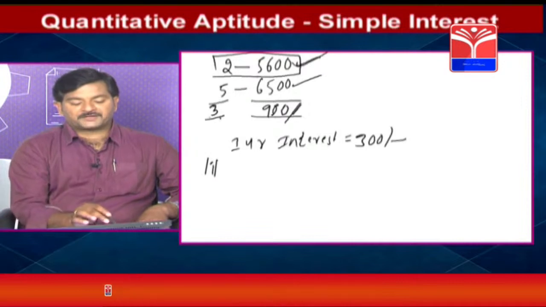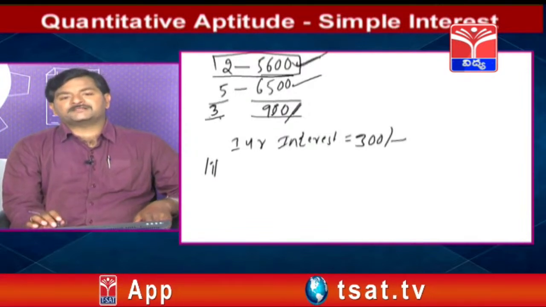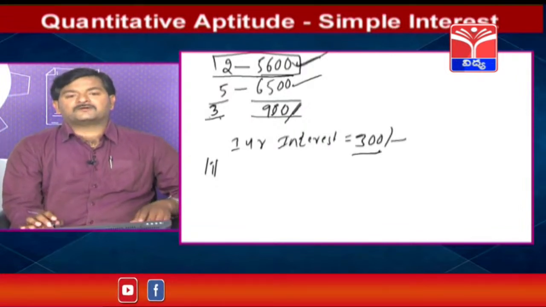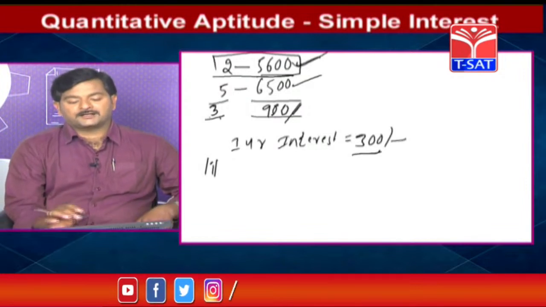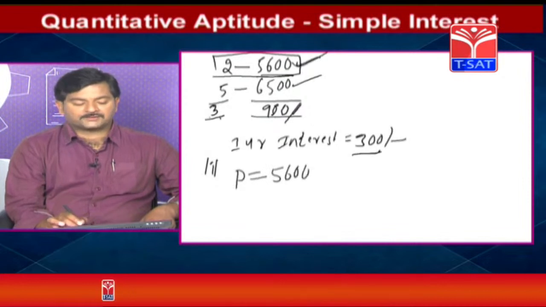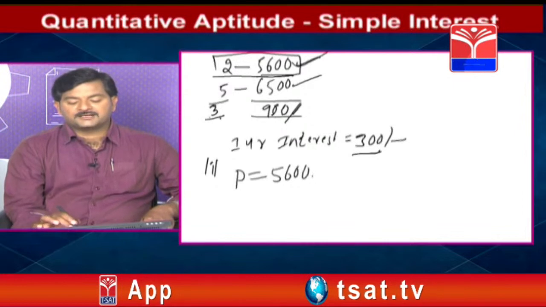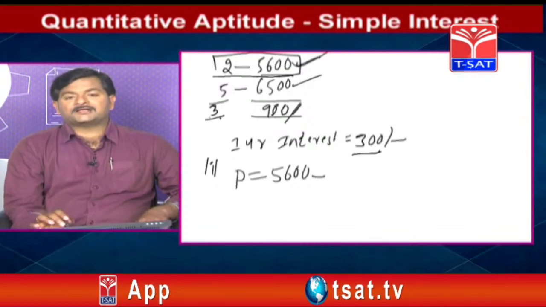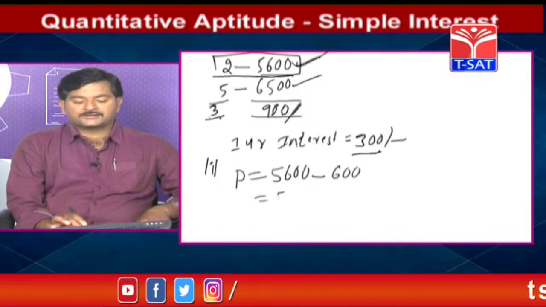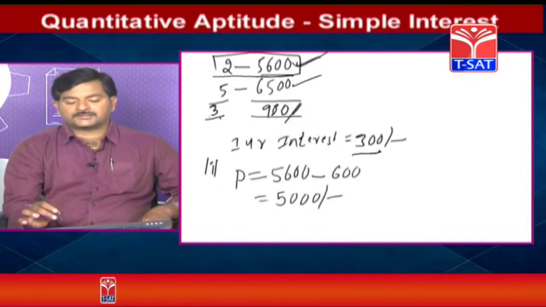If from this amount I subtract 2 years interest, the obtained amount is the principal amount. 1 year interest is 300, so what could be the interest for 2 years? 600. So P is equal to 5,600 minus 600. Hence what is my P value? P value is 5,000 rupees.